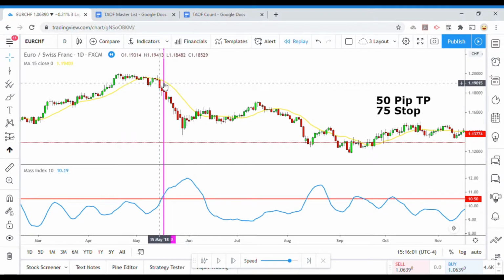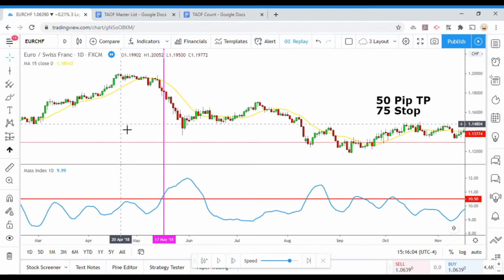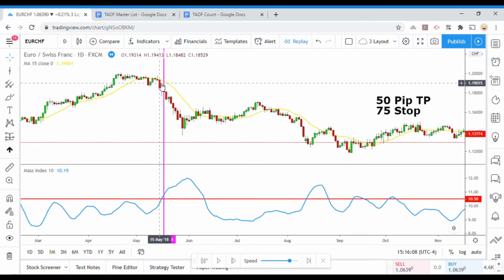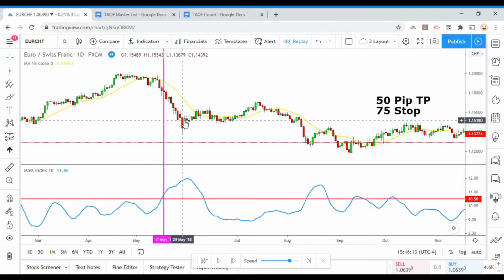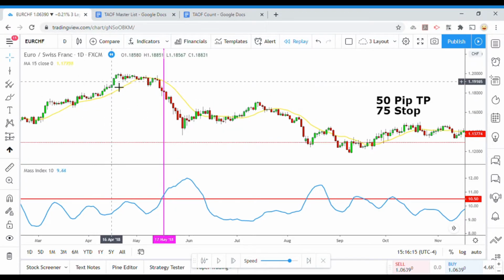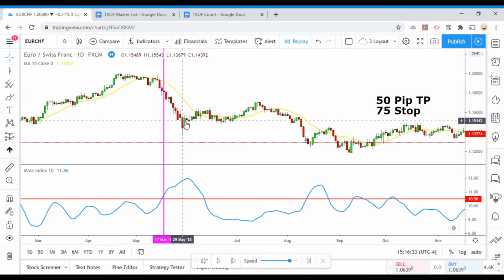This orange line up here at the top is a regular moving average set on a 15 period. When price is below that moving average, we are in a downtrend. When price is above that moving average, we are in an uptrend. And so in this particular case, when the signal took place, when the mass index crossed above this line, we were in a downtrend.